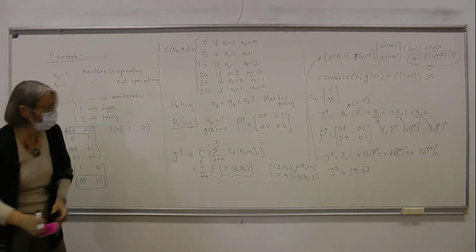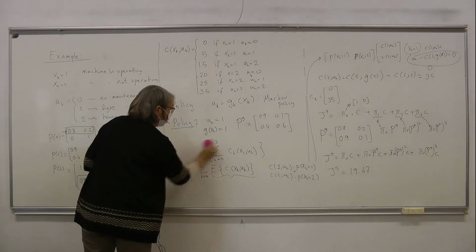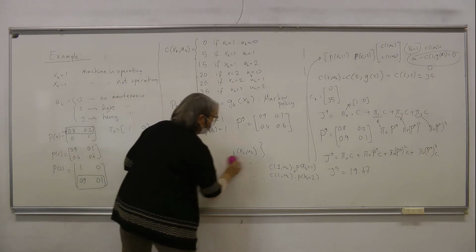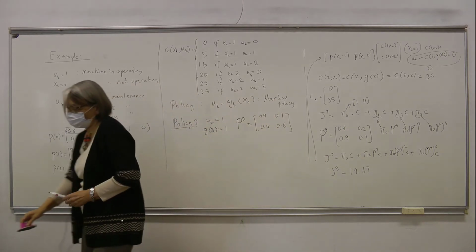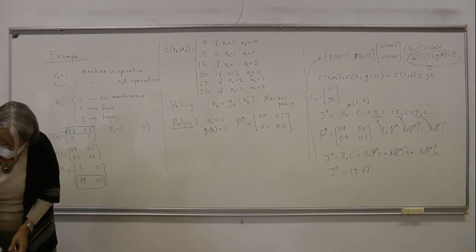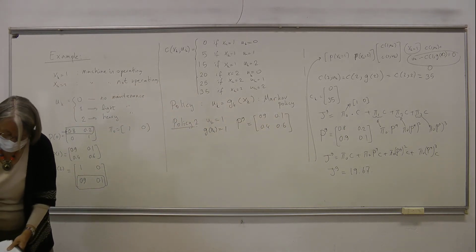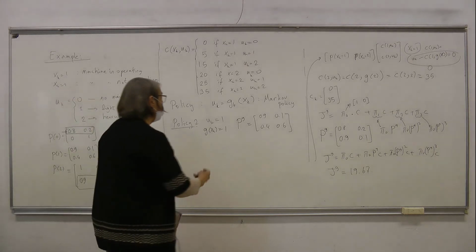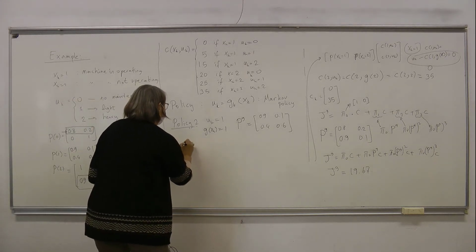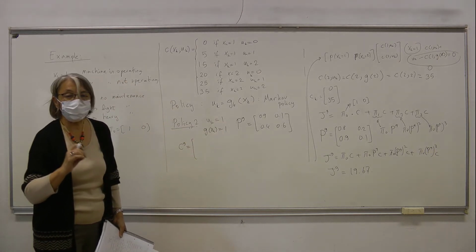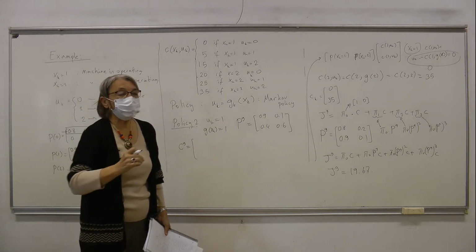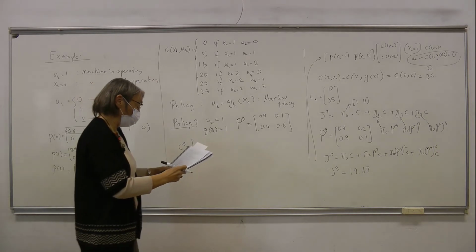And now, in order to apply exactly the same steps, we have to obtain our CG, the incremental cost vector, where the first element corresponds to the state which is equal to 1, and the second element corresponds to the state which is equal to 2.